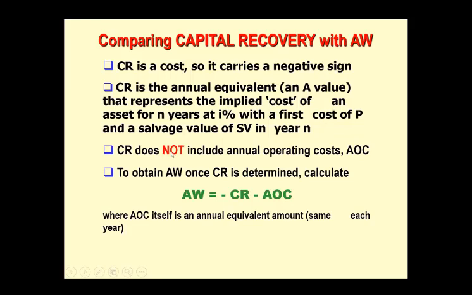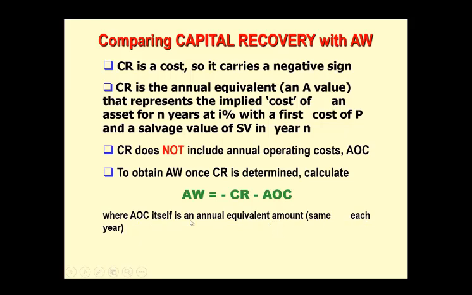Capital recovery does not include any operating costs. So to obtain the annual worth of a project, once capital recovery is determined, we calculate annual worth equal to capital recovery plus annual operating cost, where annual operating cost itself is an annual equivalent amount.